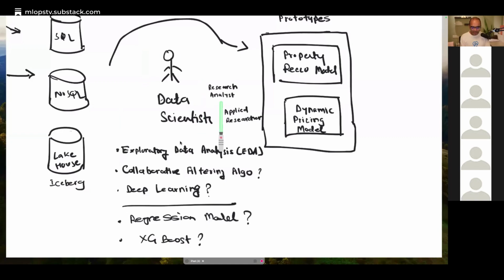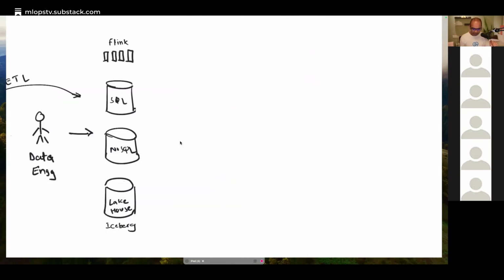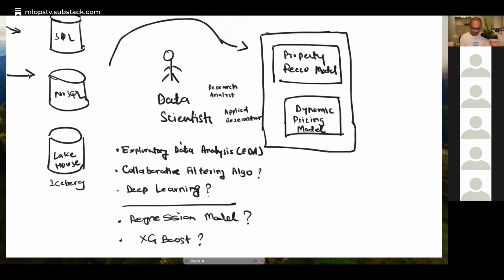So data scientists are basically the ones who are building these prototype models. They figure out the business problem, and based on that, they create these exploratory things and build the prototypes after that. And there are different roles even in data science.